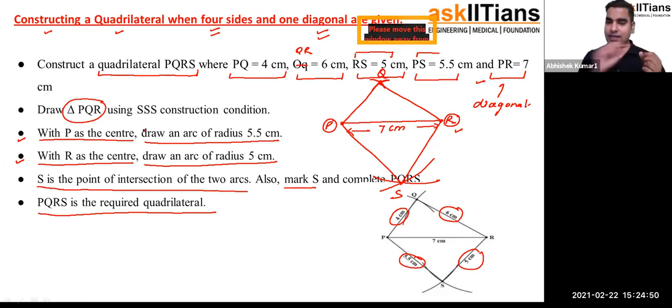If you draw any diagonal of a quadrilateral, you will get two triangles. So you first try to form one of the triangles using the diagonal, and after that, try to form the other triangle using the same diagonal.